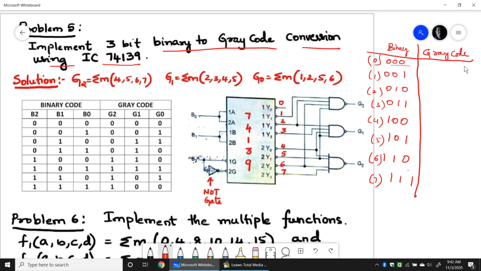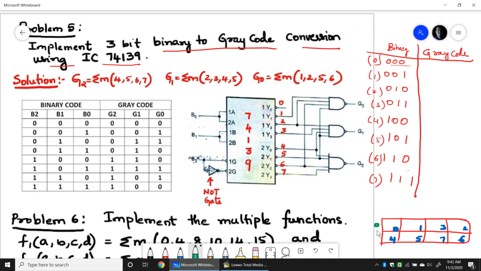What is the gray code for 0? For that we'll go with the K map, the 3 variable K map which we have seen. In this we know that we have 0 1 3 2 4 5 7 6, the K map values.